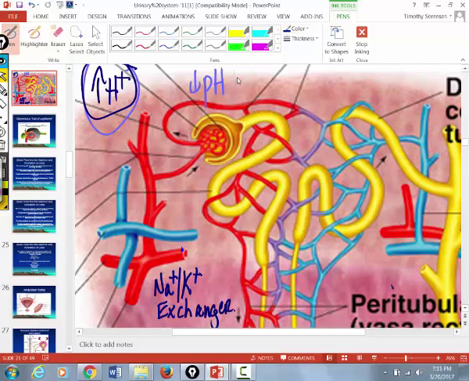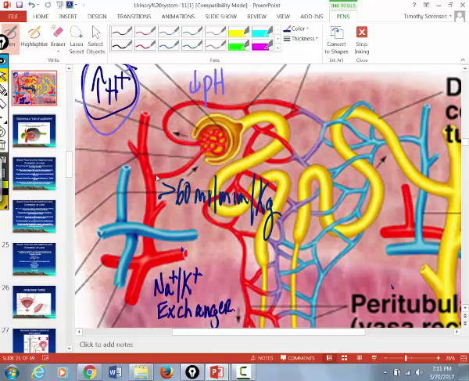I'm not going to get into how you calculate it, but labs can calculate it. And glomerular filtration rates of greater than 60 mLs per minute per kilogram, so it's based on body weight, is normal renal function. If it starts dropping below that, then your kidneys are beginning to fail. It's that simple. All right?